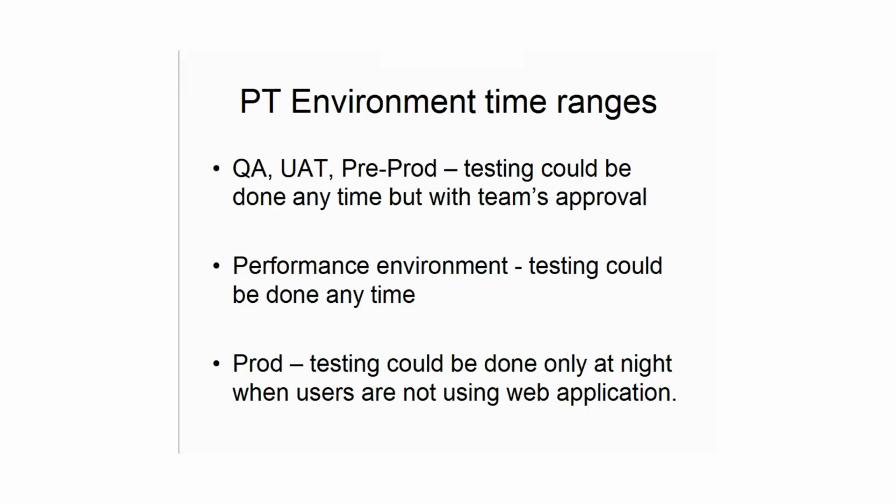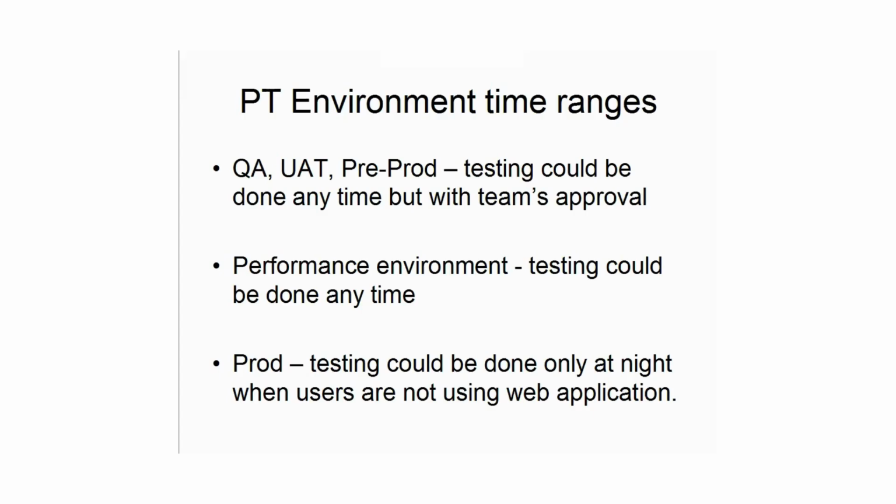Why we need this Teams approval is because engineers are working on corresponding environments, and it could happen that engineers are using the same environment and performance tester is using the same environment, and it could happen that issues are occurring, and from that point of view, we need the team's approval, team lead's approval, for example, QA team lead approval, or even a manager's approval.